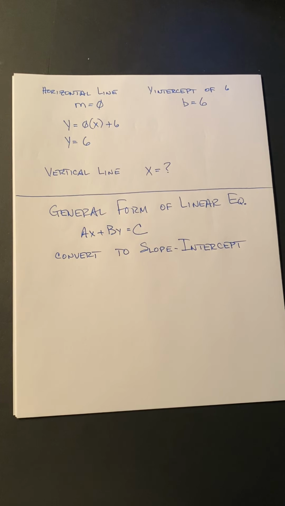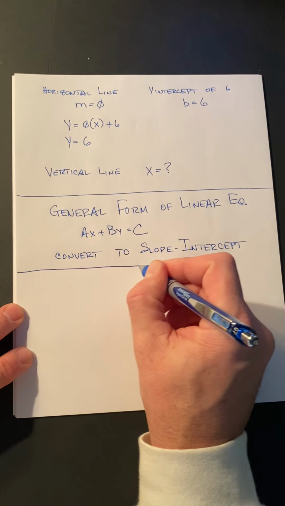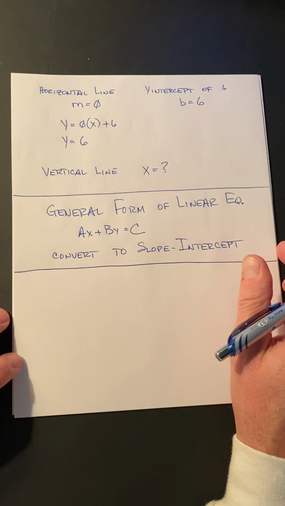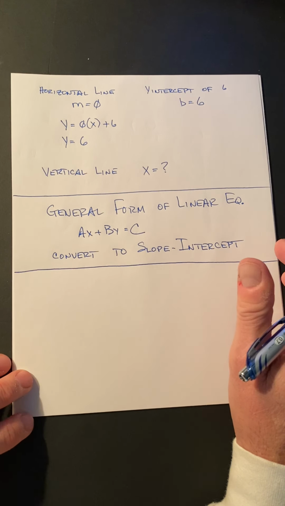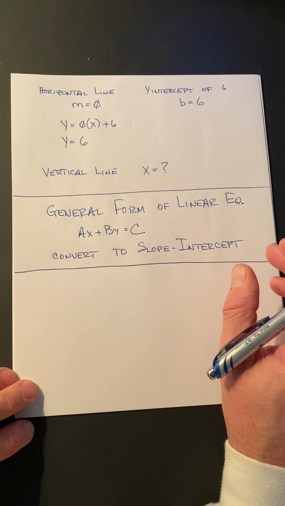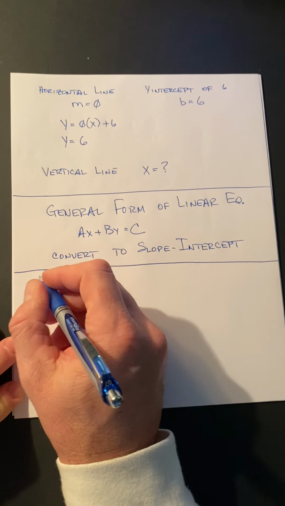Now, something else to be thinking about. In order to graph a line, I need 2 points, don't I? But what if all I have is 1 point and I have a slope?